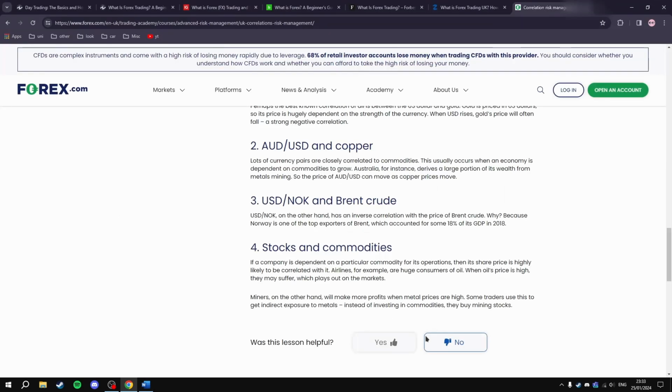Australia, for instance, derives a large portion of its wealth from metals mining, so the price of AUD/USD can move as copper prices move.